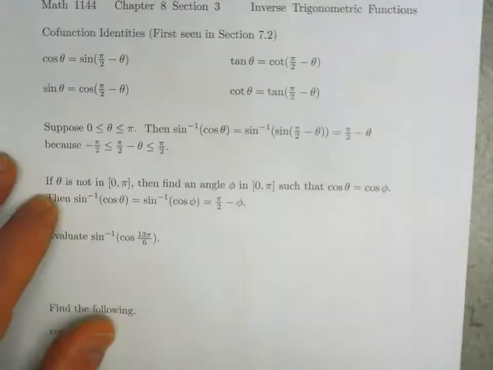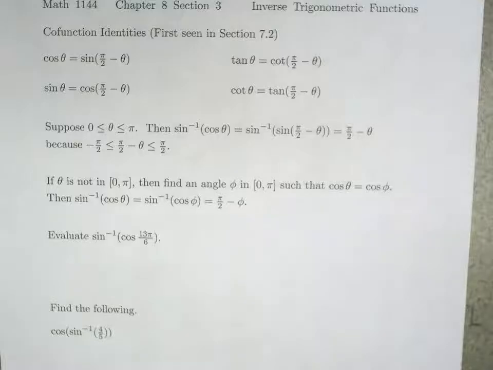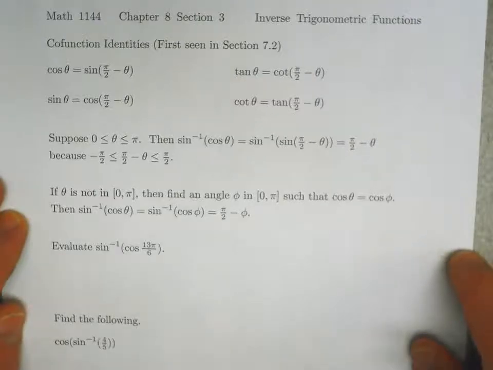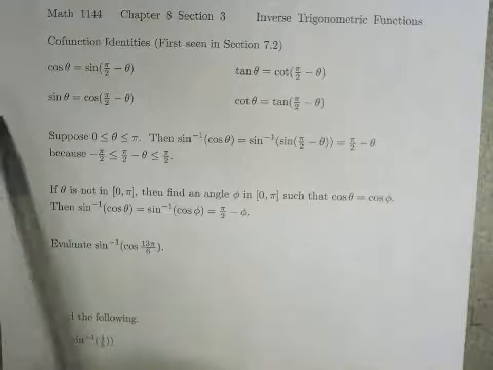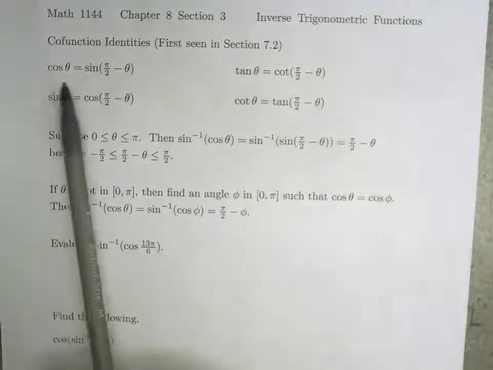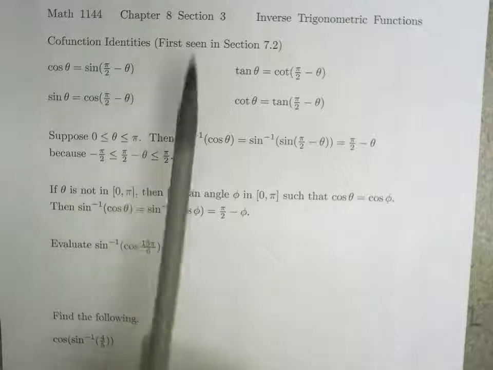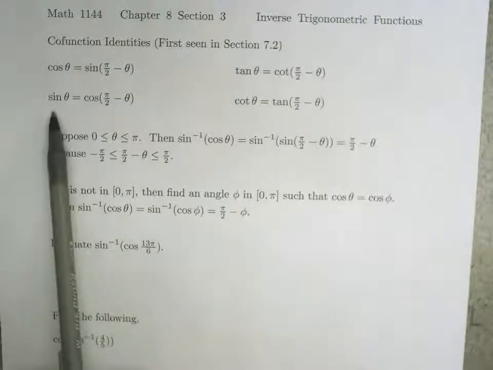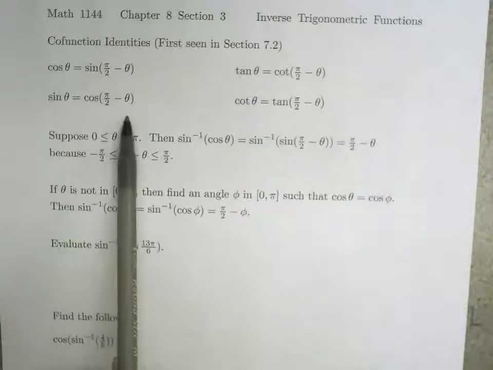Okay, we'll review the cofunction identities. Remember from section 7.2, the cofunction identities. Cosine of theta equals sine of pi/2 minus theta. And it works in the other direction. Sine of theta equals cosine of pi over 2 minus theta.